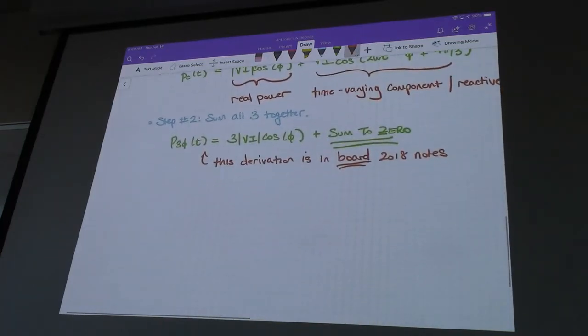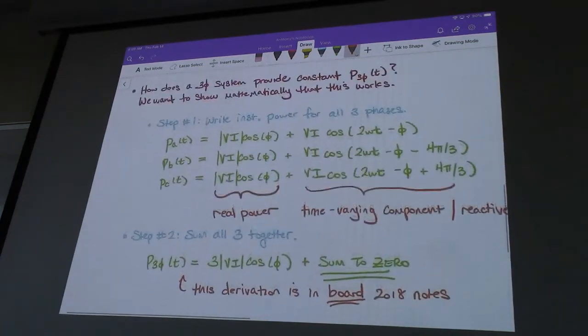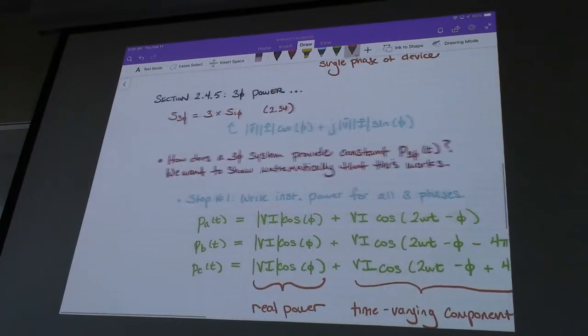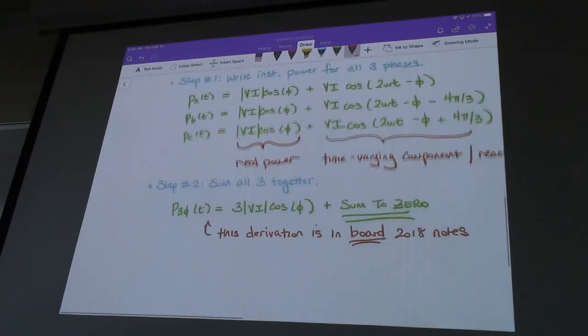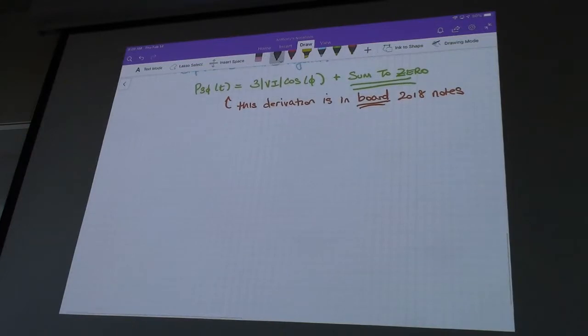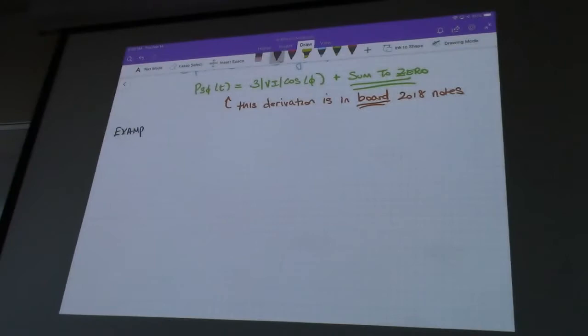All right, let's move on and try an example now. And it's just a per phase analysis example.